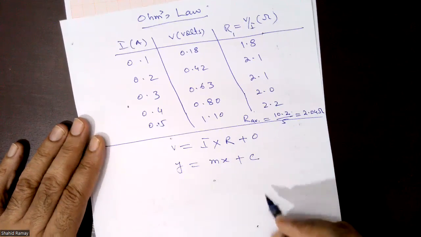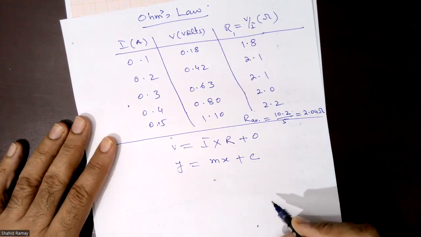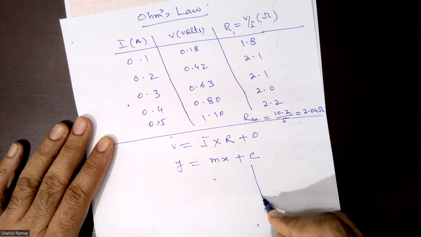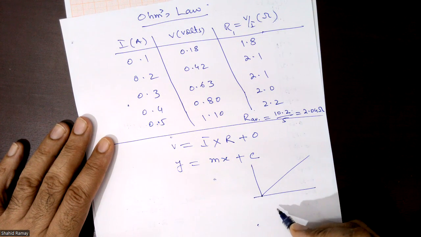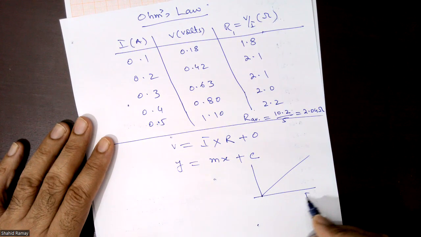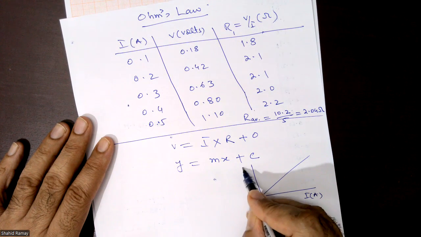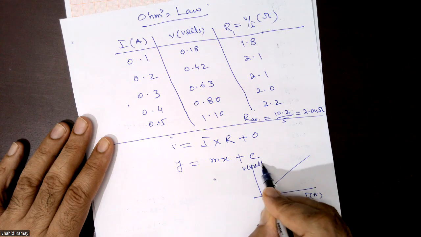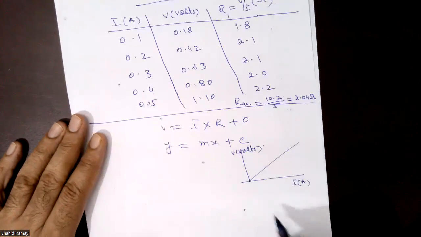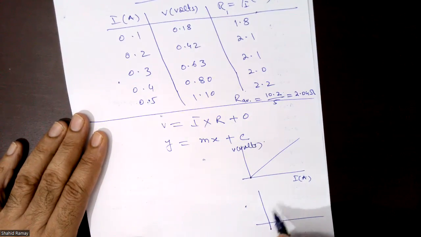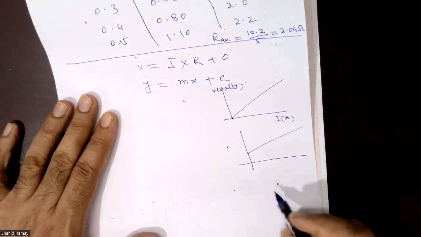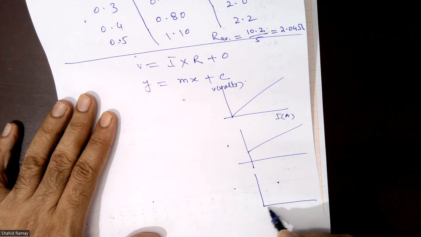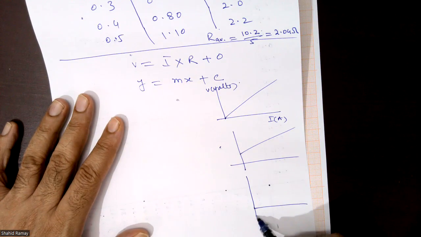If c value is 0, c is called actually y-intercept, then our graph must start from 0, 0. This is our I and this is our V. If the c value is positive, then graph will start from here. And if the c value is negative, then the graph will start from here.